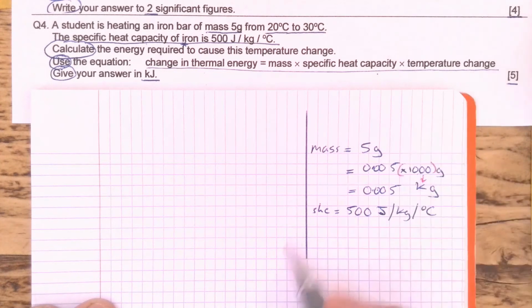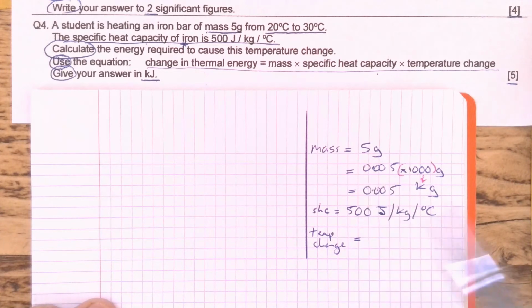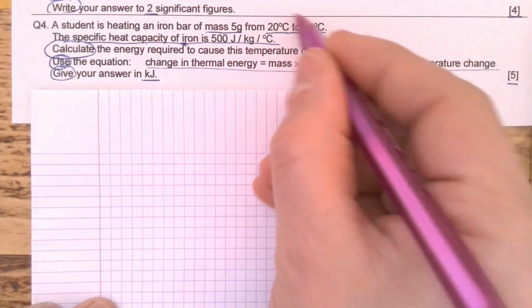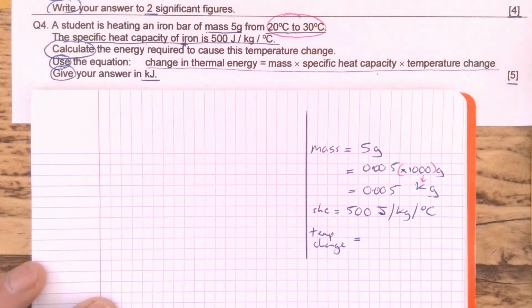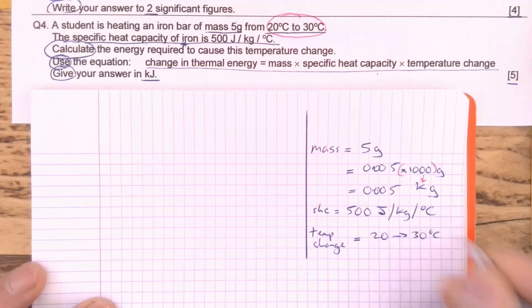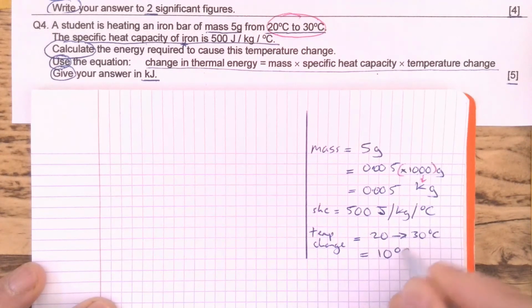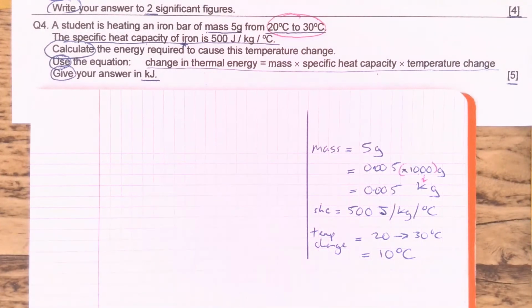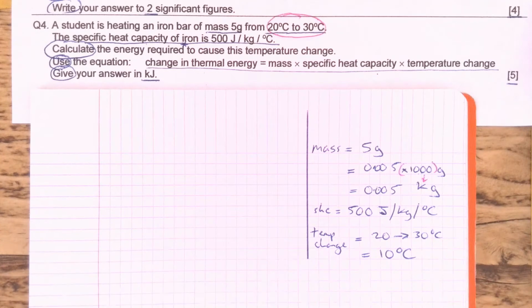Next, I need the temperature change. This is a sneaky one, because they gave me 2 temperatures in the question. It goes from 20 to 30 degrees C, which means the temperature change is 10 degrees C, and that would definitely be another mark. So I've got 2 marks already before I even started really answering it.